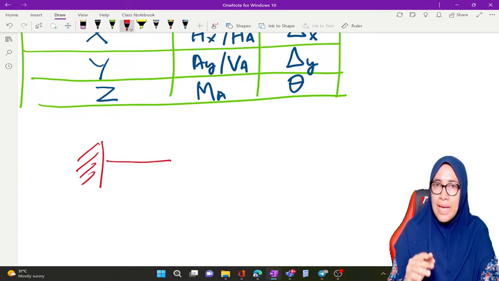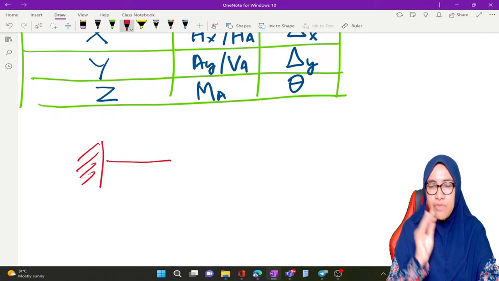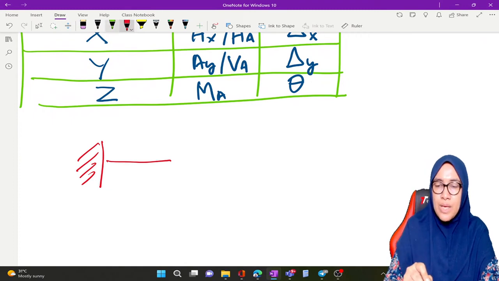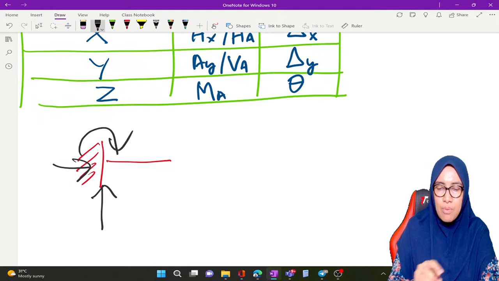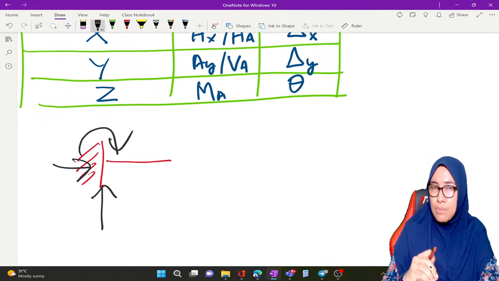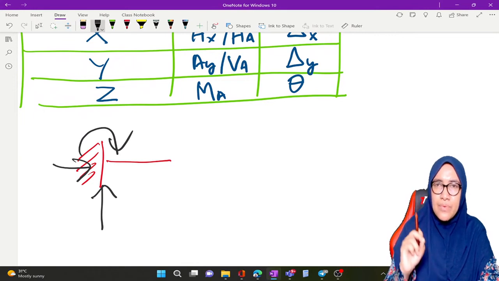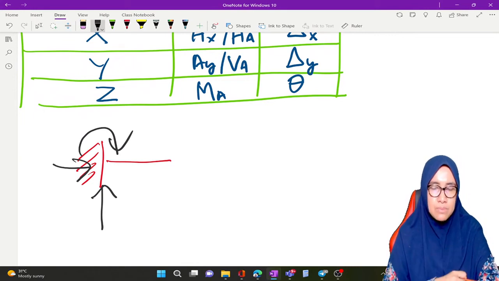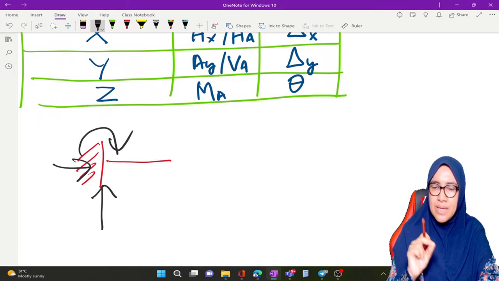And for fixed support, we have all these three components. All these three components represent reaction at the support.